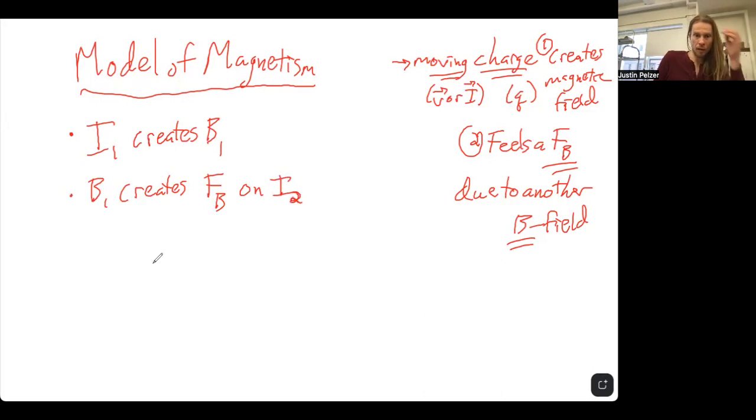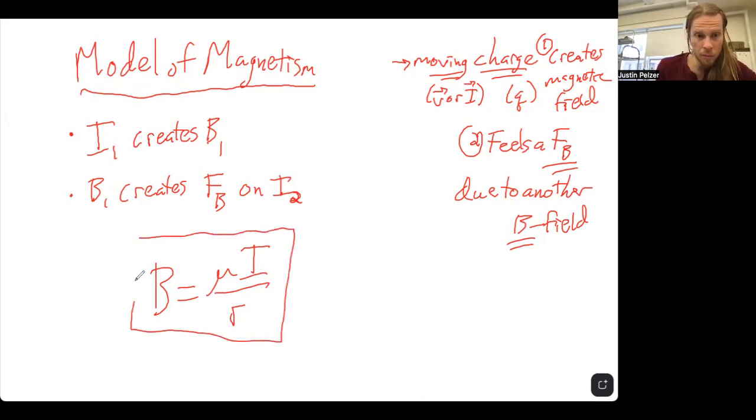That's the field theory. So the magnetic field for any current is the magnetic permeability times the current over R. In class, we talked about why it's over R. In this video, I'm just going to say it's because it's distributed over a cylinder. So if I have a current here, the cylinder is the magnetic field. As we're going to see, the magnetic field points in these directions.